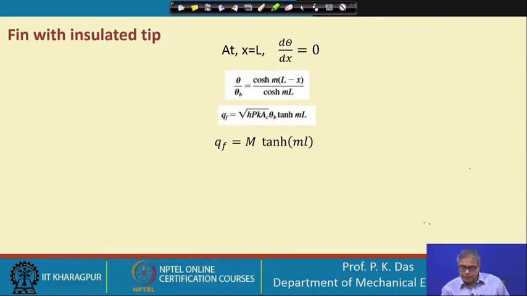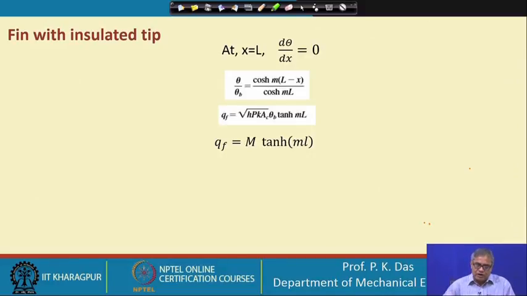If we impose the boundary condition, the common boundary condition is that at the fin base, where the fin is attached to the primary surface, it has a known temperature, and on the tip, that is the other end of the fin, it is insulated.